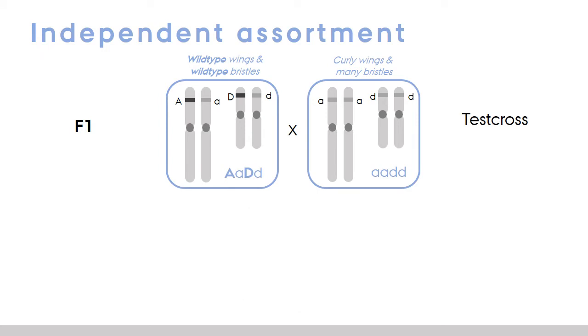And then we take this F1 and perform a test cross, meaning we cross the F1 with individuals that are homozygote for the recessive allele.